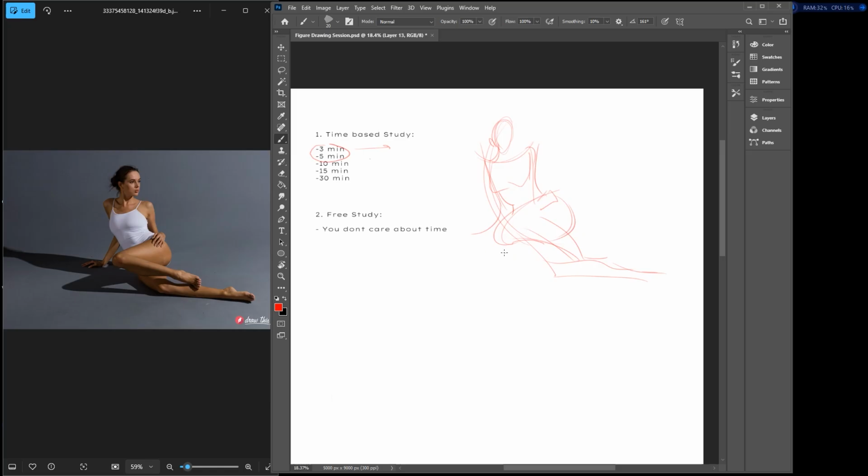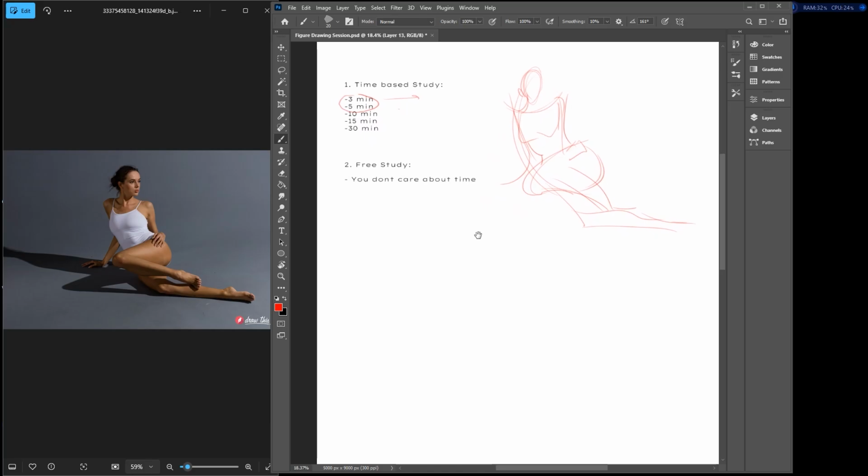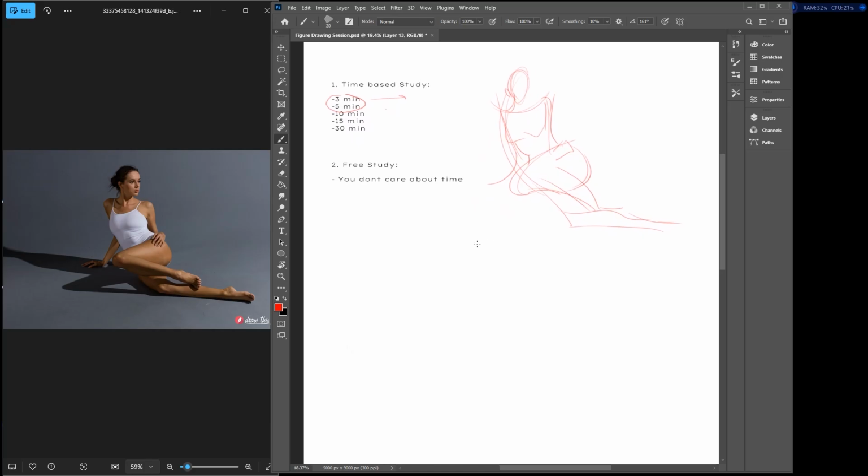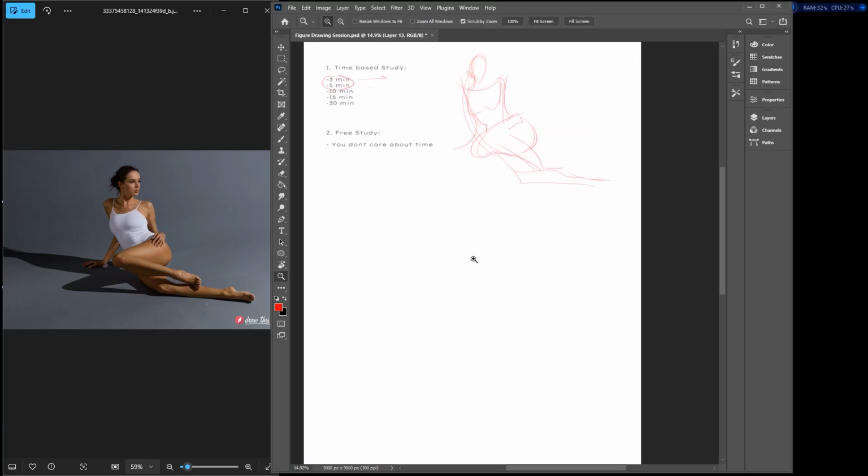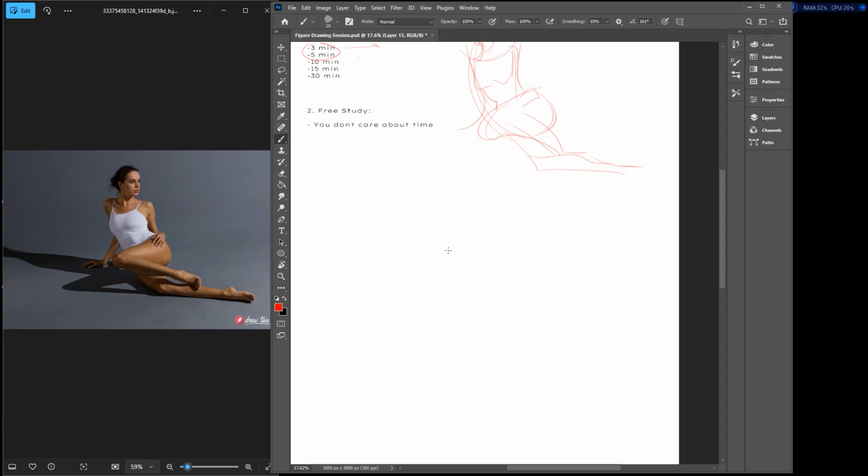So what happened here? This 3-minute study forced me to be really quick about it. And it forced me to move my lines as a free form. For example, let's say it was a 30-minute study, okay? I could have done something like this.